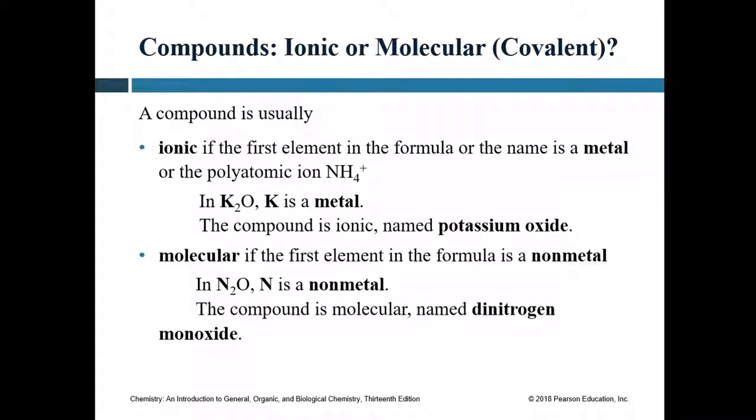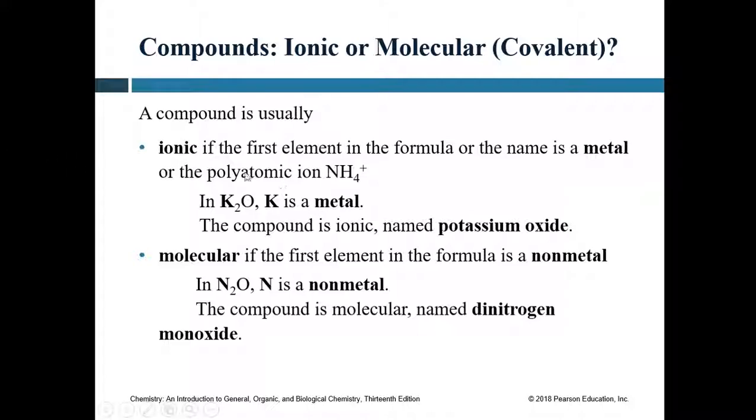Now, the first thing we need to do is figure out: is it an ionic bond, and we name it according to the ionic rules, or is it a molecular covalent bond, and we name it according to covalent rules? The way we do that is look at the first item in the compound. If it's a metal, then it's an ionic compound and you name it according to ionic rules.